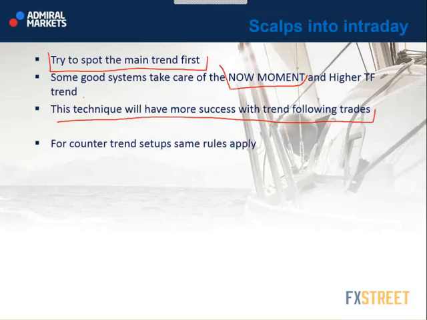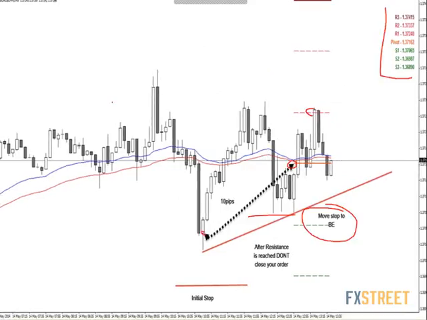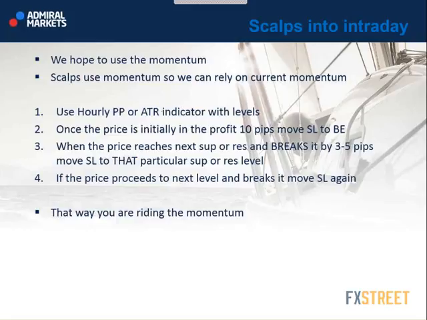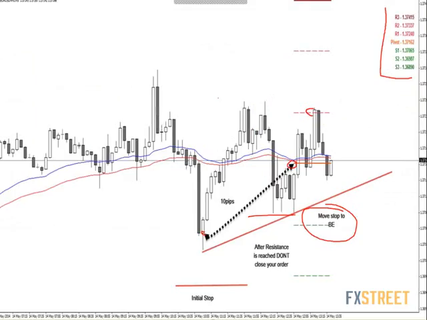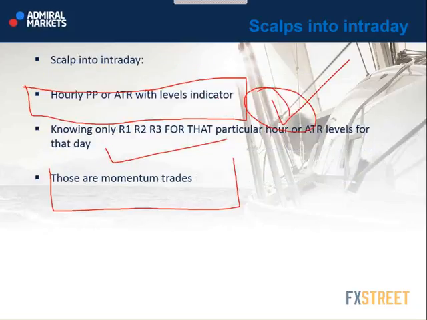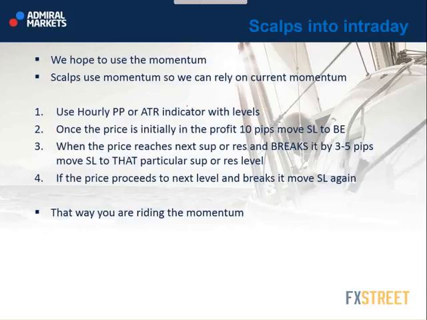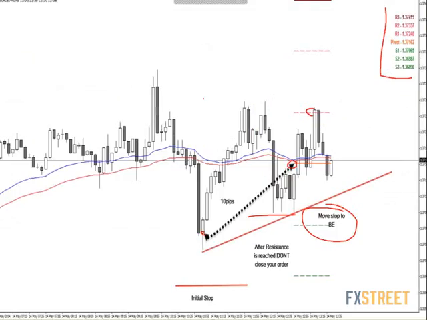As I said, for taking this technique into account, you should definitely have either hourly pivot points or an ATR indicator with levels, as I have it here on the chart, and you also should have a system which uses now momentum with higher time frame momentum.